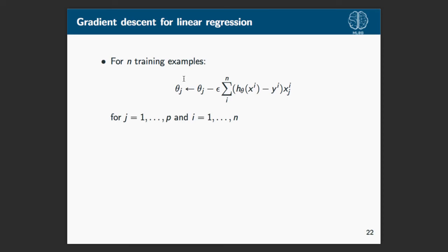For example, theta j is the jth index in the theta vector. So this is saying each coordinate of theta. We use this and find that same jth coordinate of our x over here, and then use that to update it. We do this across all our coordinates and all our data points.